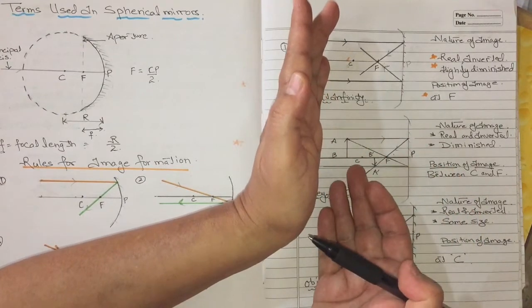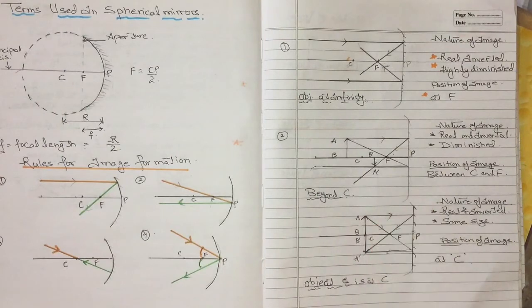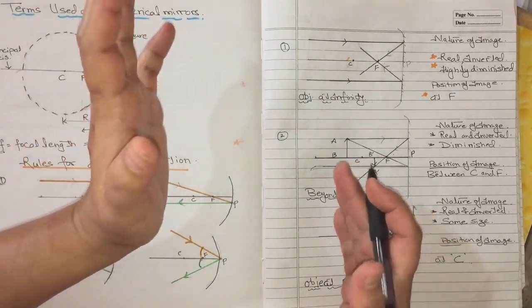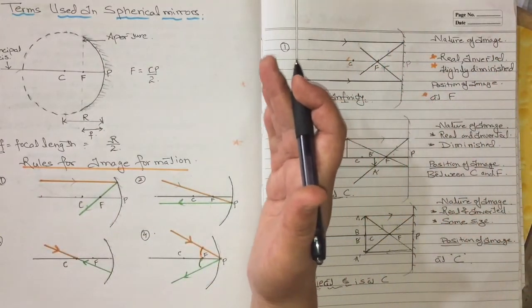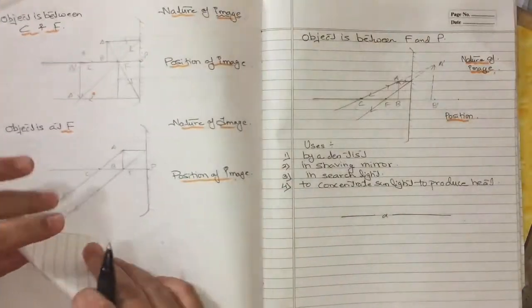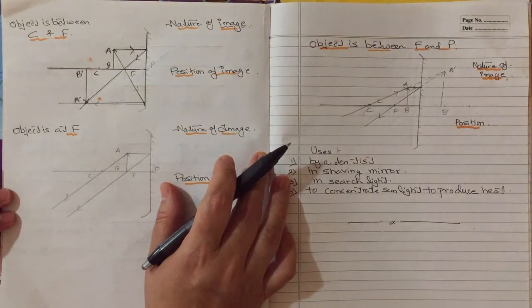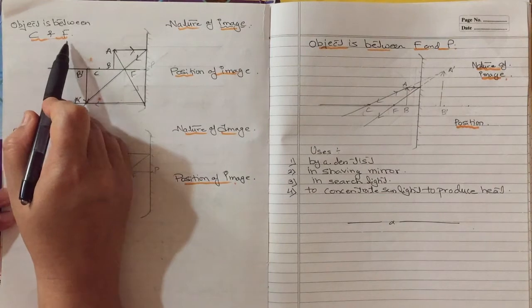The image is forming between C and F, and when the object is at C, the image is formed at C. So the object is coming towards your right hand side and the image is forming towards your left hand side, right?